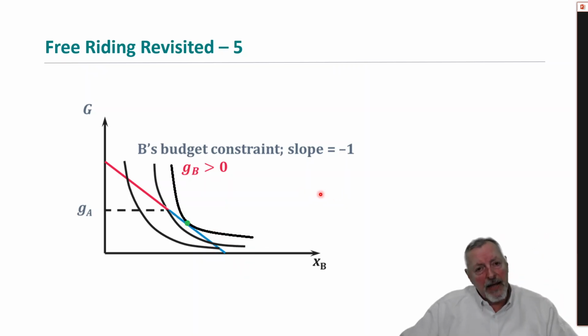The utility maximizing combination of this good and that good is where the budget constraint is tangent to the highest indifference curve. It'd be this point right here. This quantity of private spending and this quantity of the public good makes person B happiest.